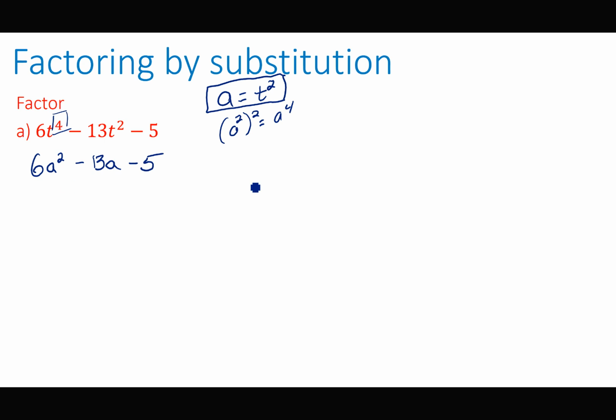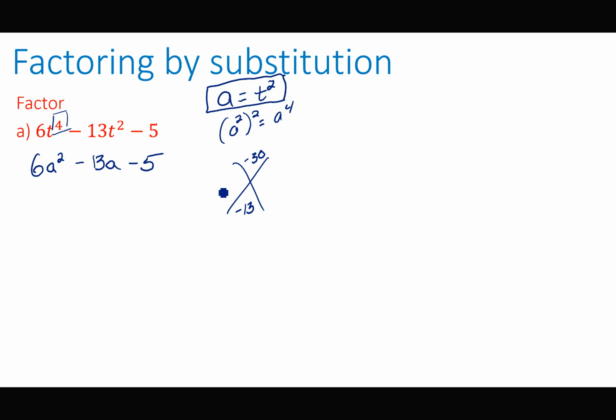Now this is the form of a quadratic, and so I can say, okay, two numbers multiply to get negative 30 that add up to be a negative 13. All right, well, I know I could do 10 and 3. 10 and 3 won't work because I can't get a negative, because if I did negative 10, negative 3, that would give me a positive 30, so that's not going to work.